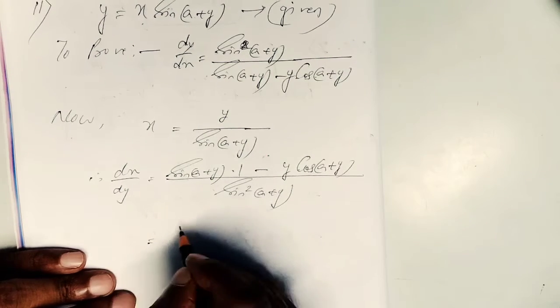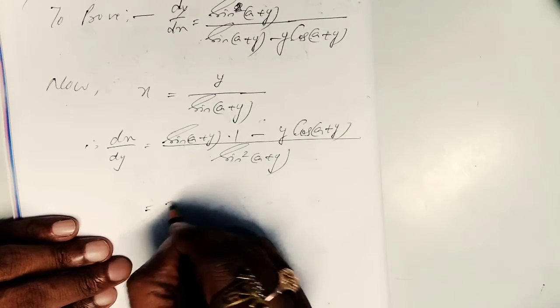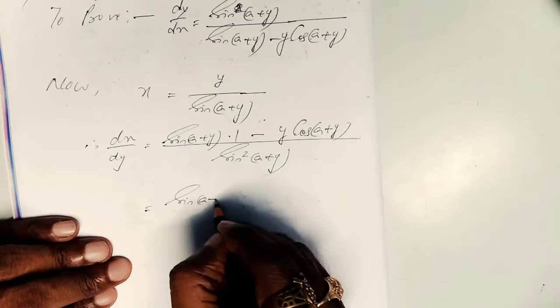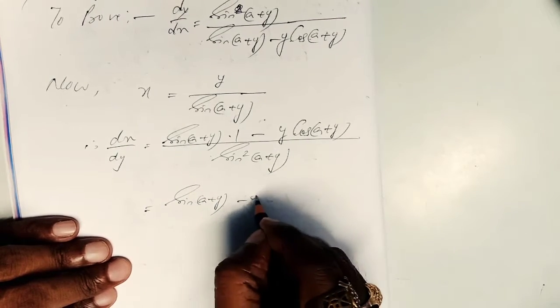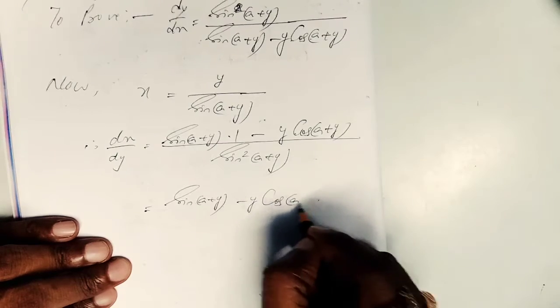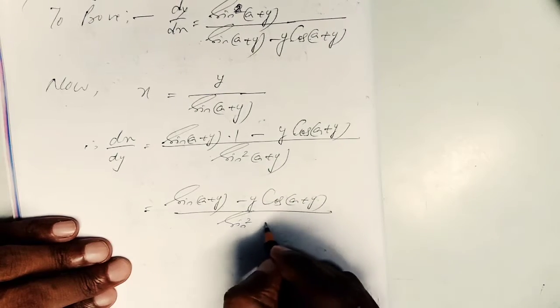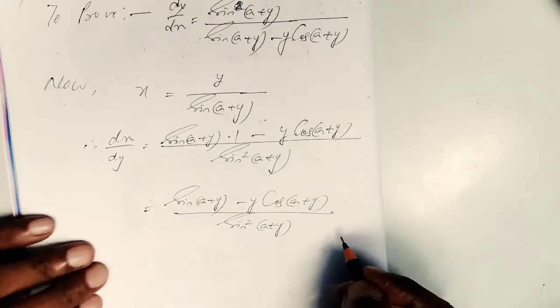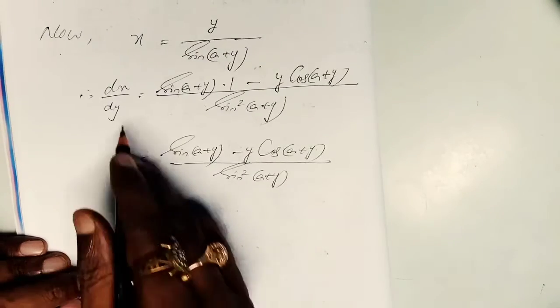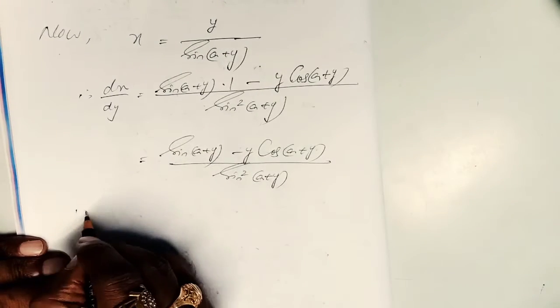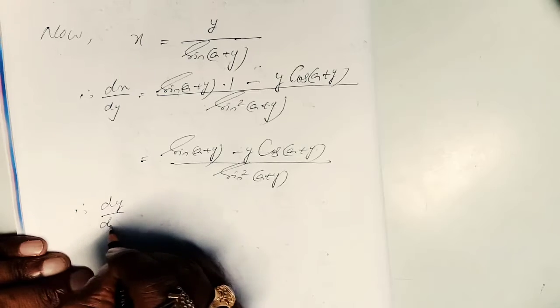So next it will be sin(a plus y) minus y cos(a plus y) divided by sin square (a plus y). What is the result you are getting? You got dx by dy, but I have to find dy by dx, so just take the reciprocal.